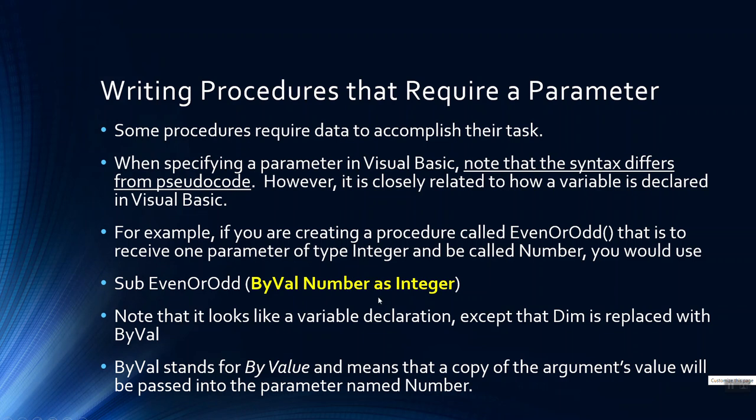So it looks an awful lot like a variable declaration, except that instead of the word Dim, we're replacing it with the keyword ByVal. There is another option other than ByVal, which is called ByRef. It's not as commonly used, and we'll see an example of that in a future video.